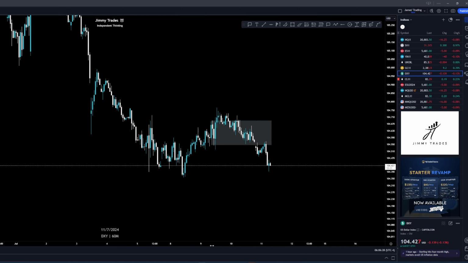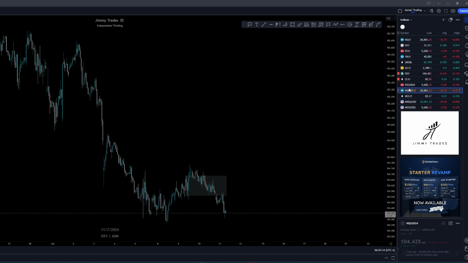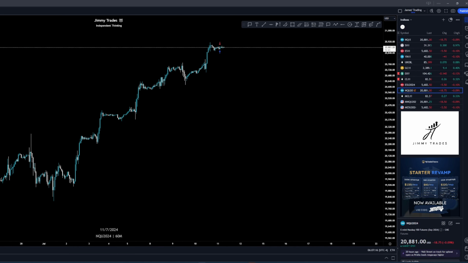We'll just have to wait and see what news brings. Okay, so at the moment, I'm happy to say bearish across the daily and the hourly. All right, let's have a look at NQ.